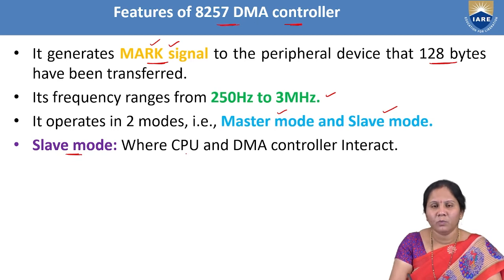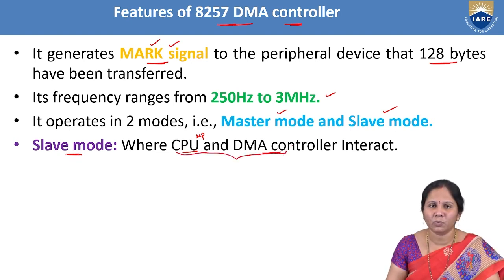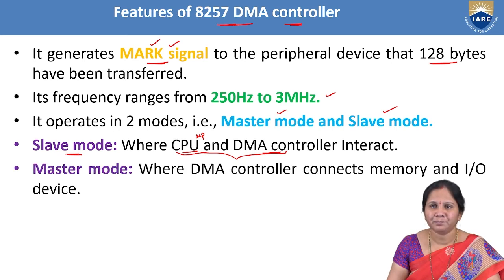When this 8257 DMA controller is operating in the slave mode, the CPU, that is in our case the microprocessor, and the DMA controller will be interacting. That means the data transfer will be performed with the help of these 2 devices only. Only those 2 will be interacting. No question of IO devices and memory here.